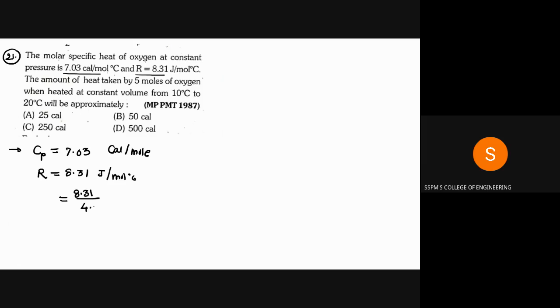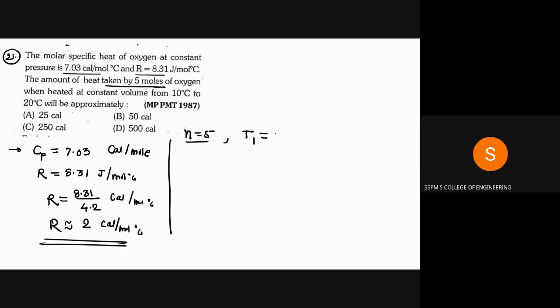Okay. Now next, number of moles are given, which is 5 moles. So we have to find out amount of heat taken by 5 moles of oxygen, when it is heated from 10 degree to 20 degree. So initial temperature T1, 10 degree means 10 plus 273. So it is 283 Kelvin.